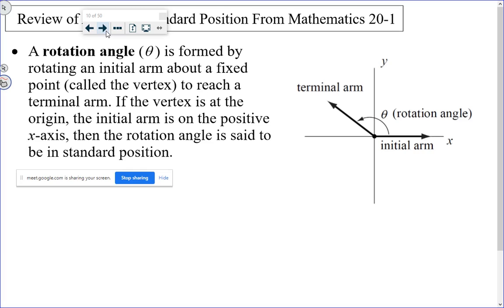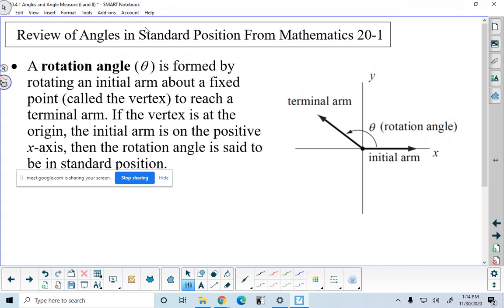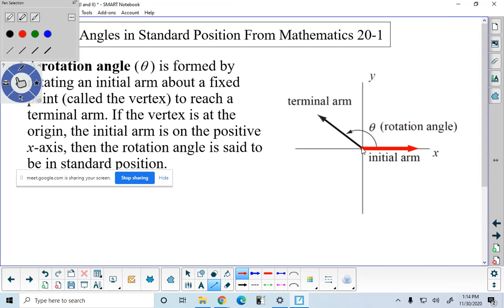There's a standard here, and the standard is that the initial arm is always on the positive x-axis, and it always rotates around the origin. So the bottom line here, everybody, is when we talk about a rotation angle, we always start here and rotate it to some final position.